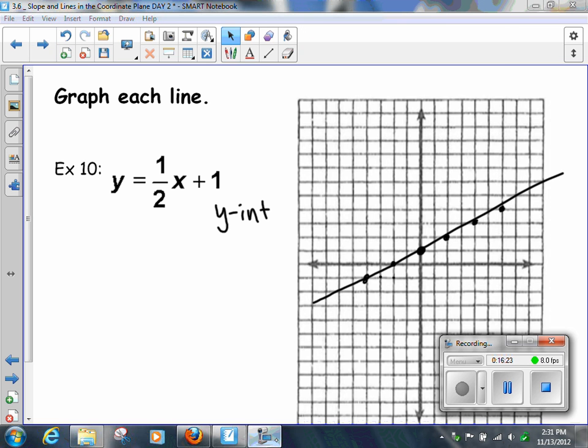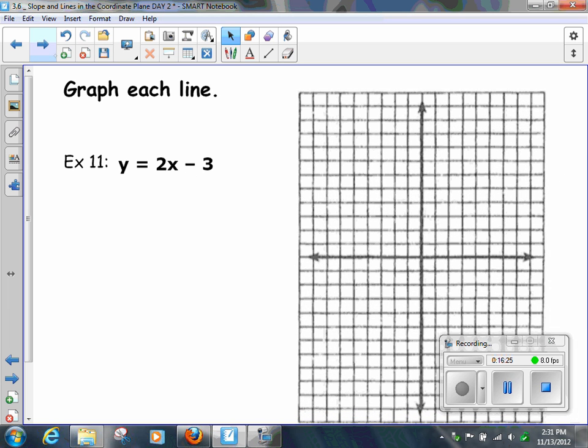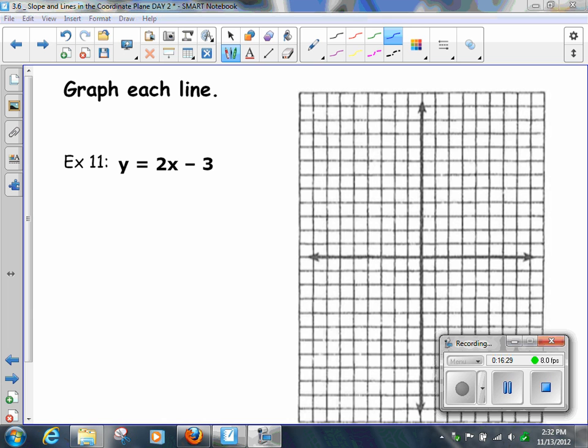Questions? Go to the next one. See what you can do with that, please. What's the first thing I plot on this one? Negative what? -3. 1, 2, 3. Okay. From there?